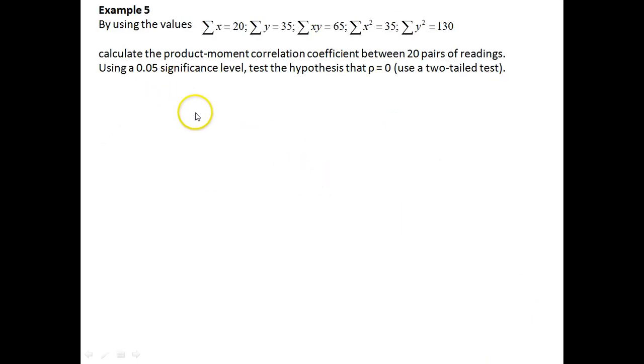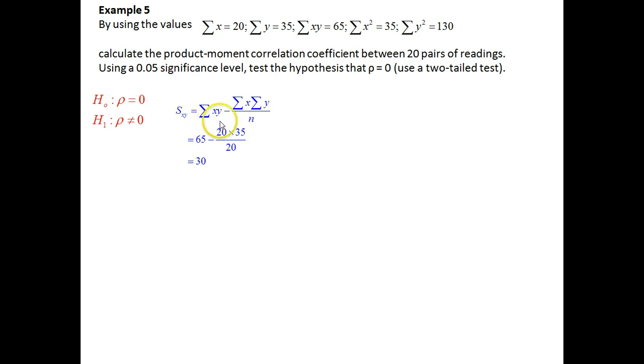Example 5. Using the values, where all the sums have been worked out, calculate the product moment correlation coefficient between these 20 pairs of readings, and using a 0.05 significance level, 5%, test the hypothesis that rho is equal to 0 using a two-tailed test. So we are testing rho is equal to 0 against rho is not equal to 0. We need to work out our summary measures first.